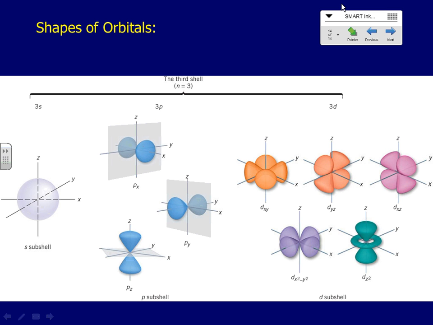The next type of orbitals are d orbitals. You'll notice they now contain 4 lobes. The number of lobes increases. These pictures are literally waves being drawn on a 360-degree rotation.